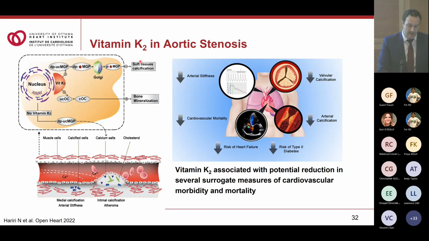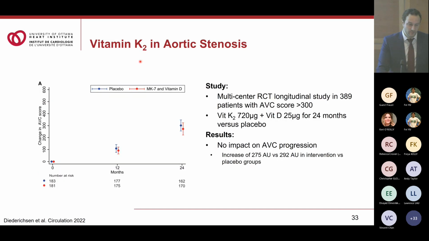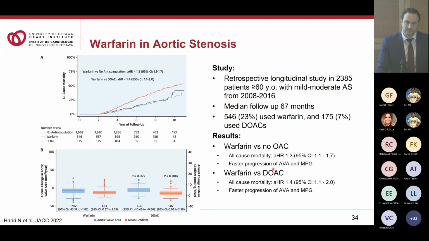So it was thought that it may have an impact on AS, and this was studied in a multicenter RCT that was well powered. They gave vitamin K and vitamin D in complement for 24 months, and unfortunately there was really no impact on AVC progression. So the same amount of calcium increase between the intervention and placebo group. So unfortunately no impact.